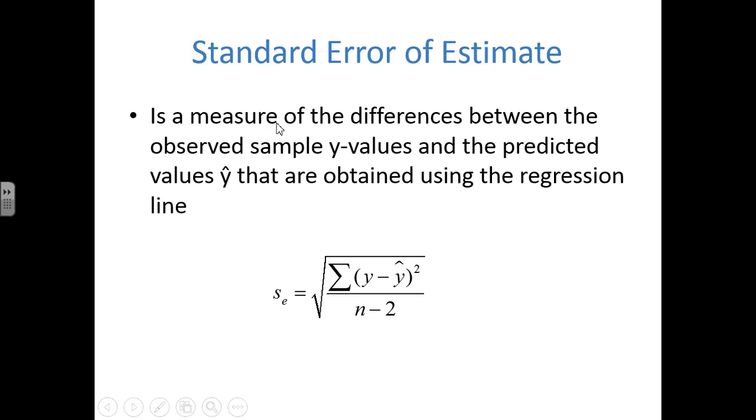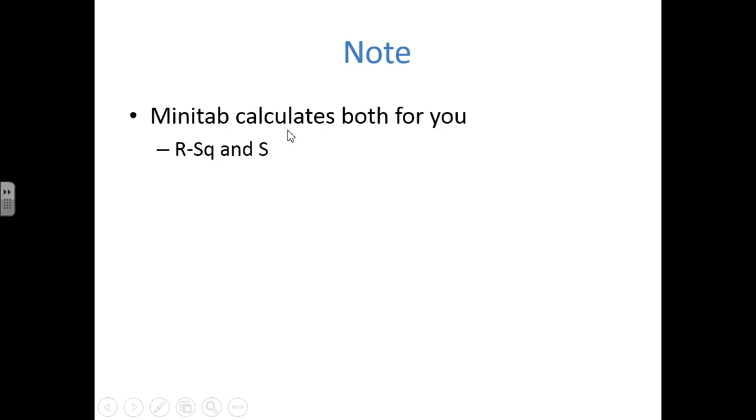It is the measure of the differences between the observed sample y values and the predicted values that are obtained using this regression line. Remember, y hat are the predicted values predicted by this regression line. All right, note, Minitab calculates both R squared and S for you, so you don't need to use those formulas by hand. I just wanted to show you where they came from.